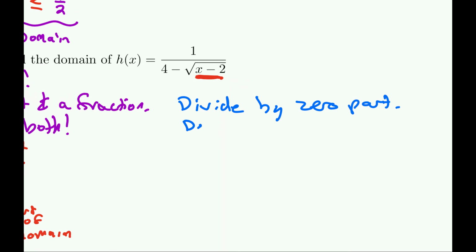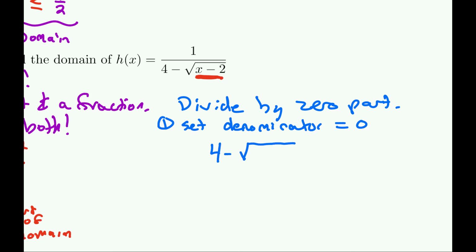So denominator, we should set equal to 0 to find what's not allowed. So set denominator equals 0. So you just have to write it out. This looks complicated, but this is what we get. Okay. So we set the denominator equal to 0. We have to solve it. It's not as hard as you think.